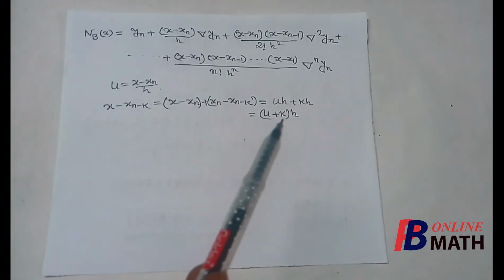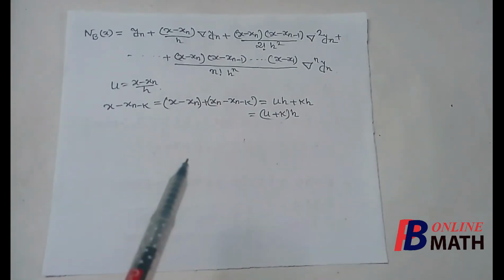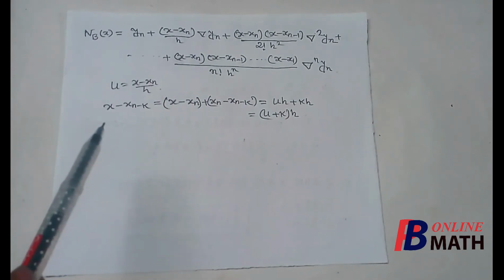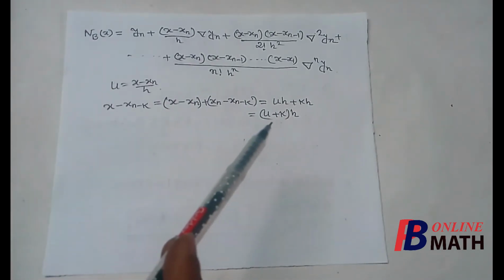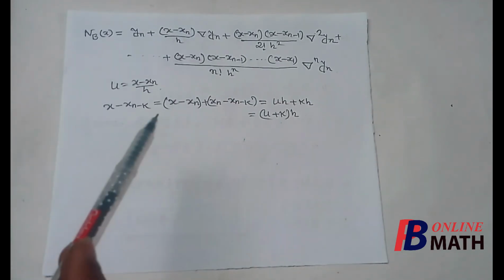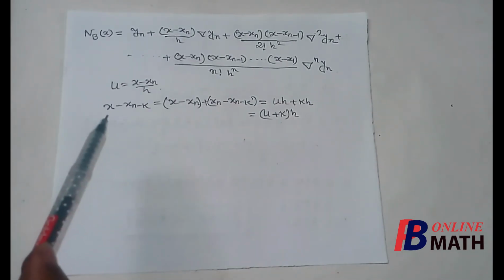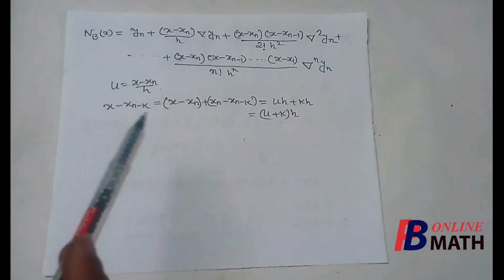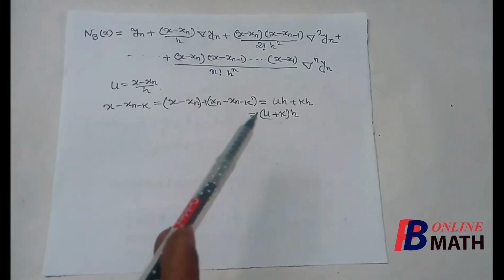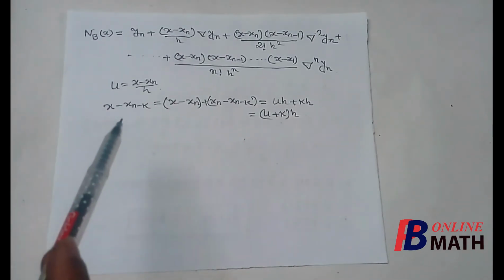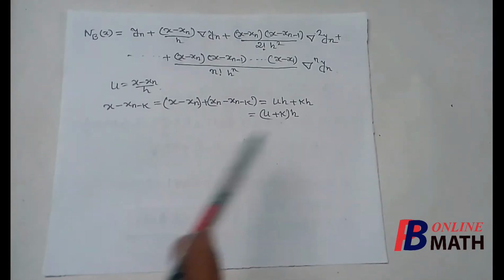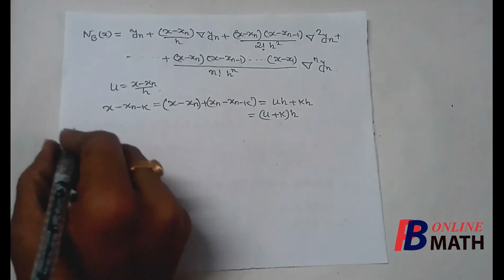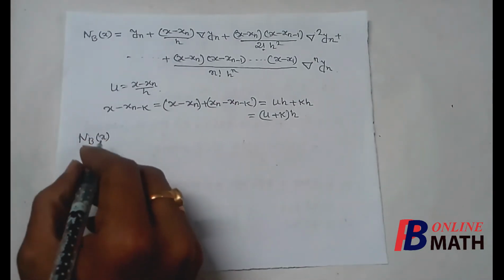So this is u plus k times h. So x minus xn minus k can be written as u plus k into h. If we put k equal to 0, then x minus xn can be written as uh. If we put k equal to 1, then x minus xn minus 1 can be written as u plus 1 into h.